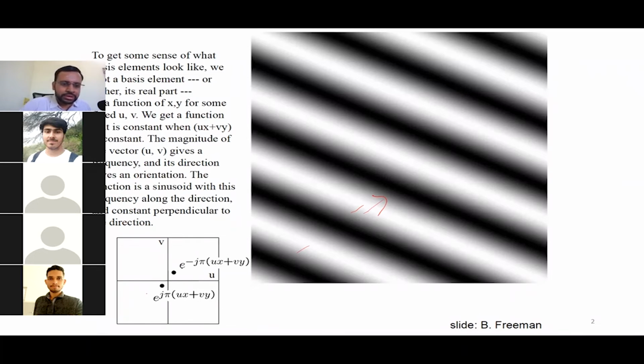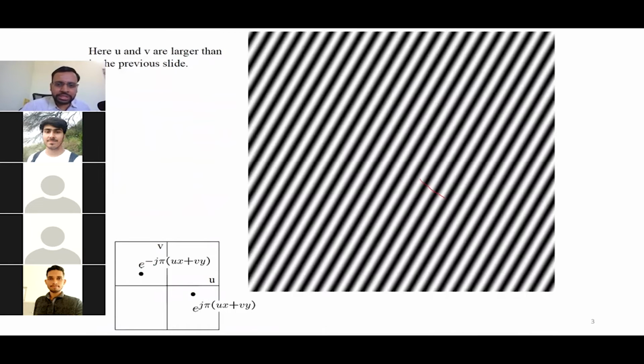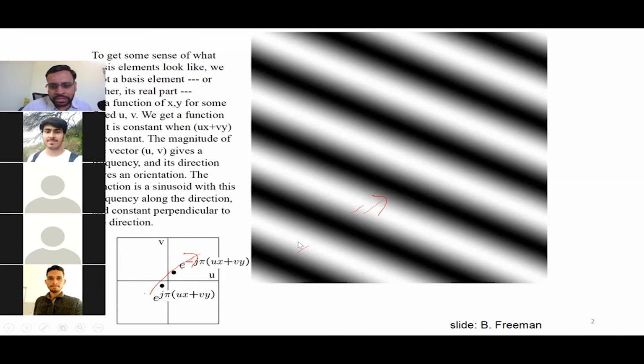So your e power j and e power minus j should be here. Now this orientation has changed in this direction, so they also should be in the same direction here. And then another thing you could say is whether the frequency relatively is more or less here compared to the next slide.